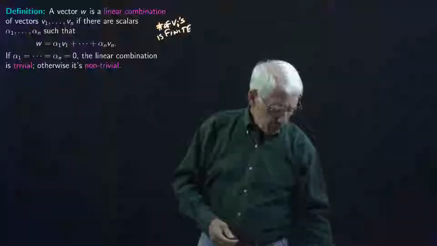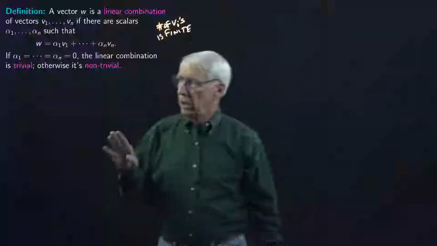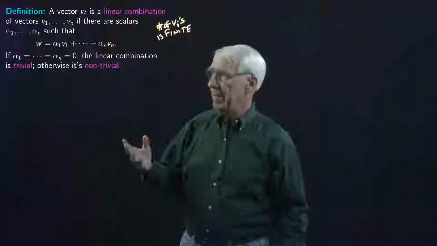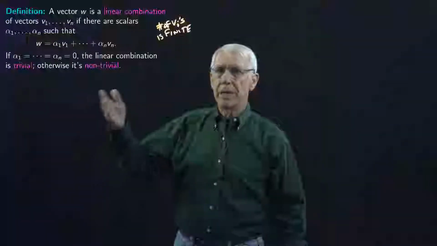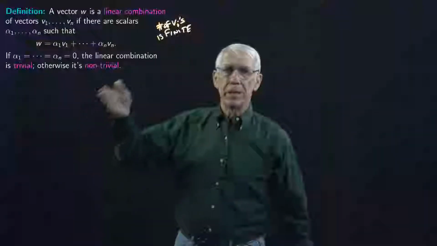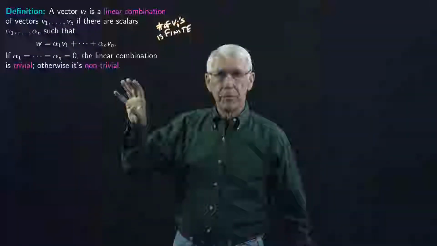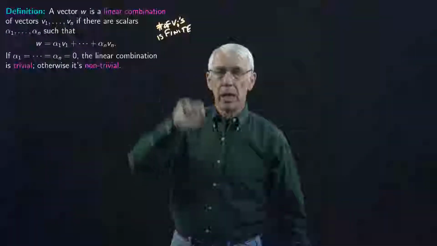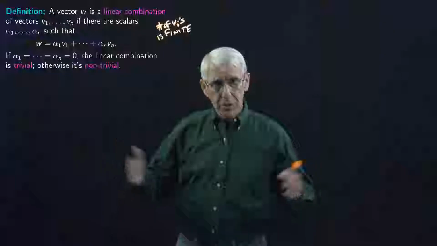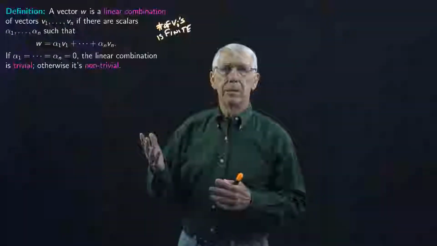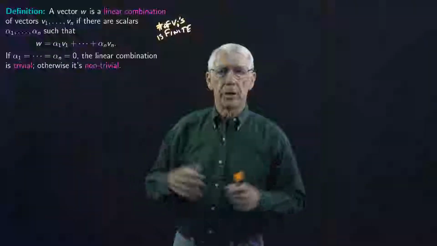So we don't define a linear combination of an infinite sequence of vectors v1, v2, v3, and so on. The number of vectors that go into a linear combination has to be finite. It could be large, but it has to be finite, and the number of vectors has to be a natural number.